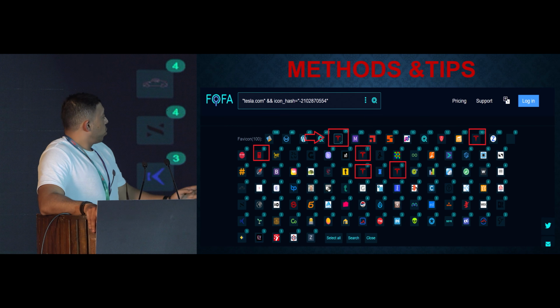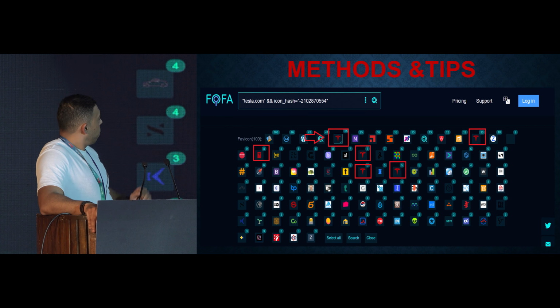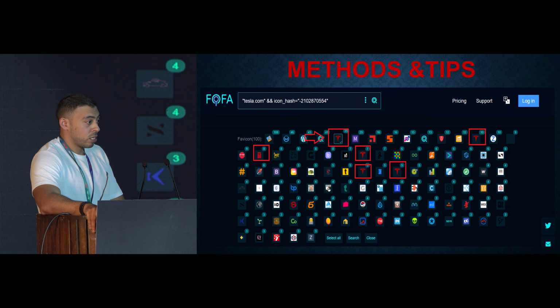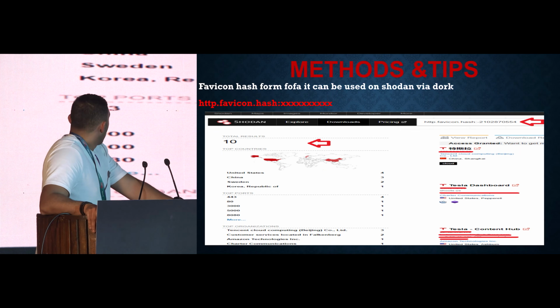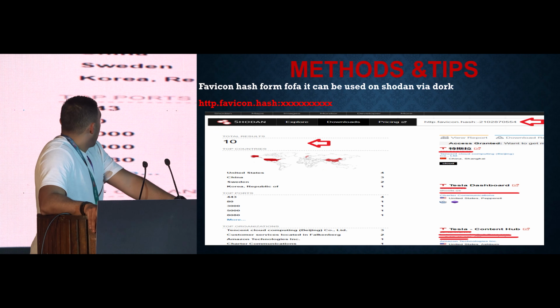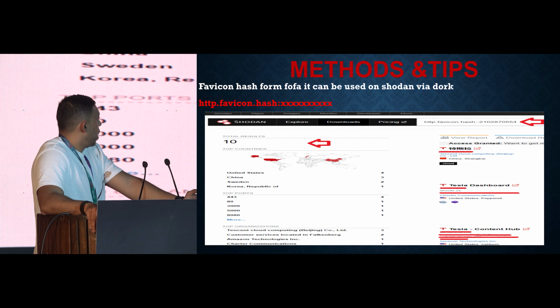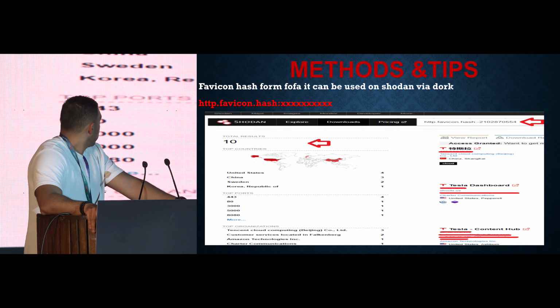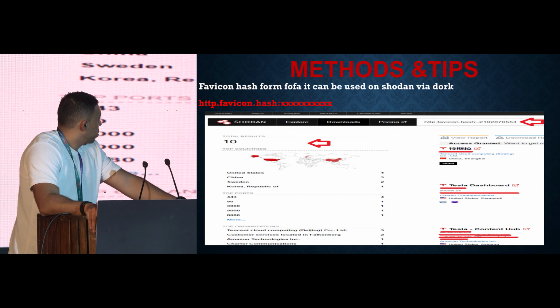When you check one by one, we have the hash for that icon. So we can copy that and use it on FFUF and start searching, or we can move to Shodan using this dork, http.favicon.hash, and we can add the hash number here. And we can get a good result.